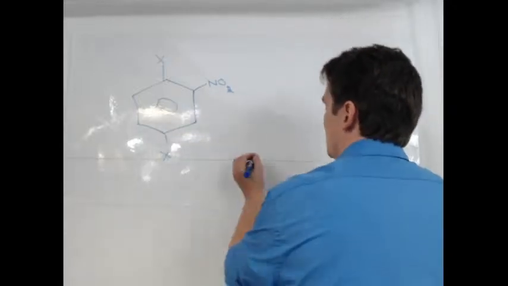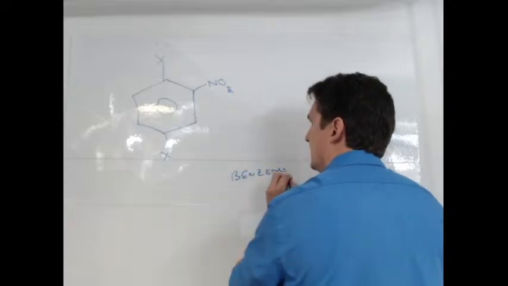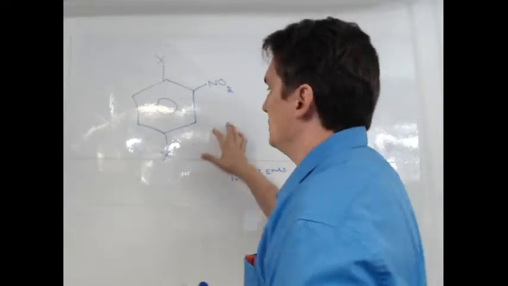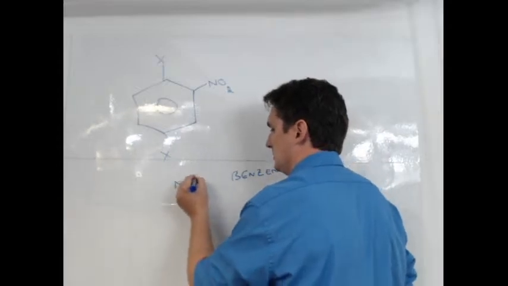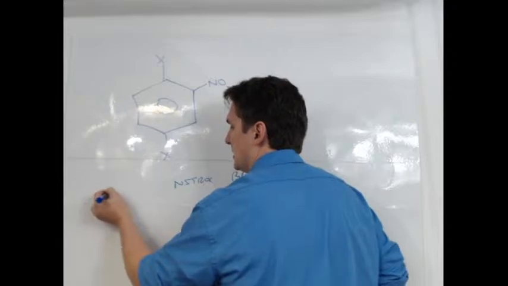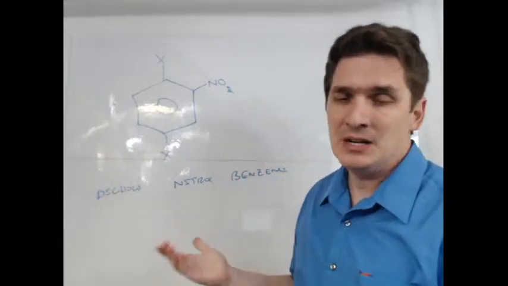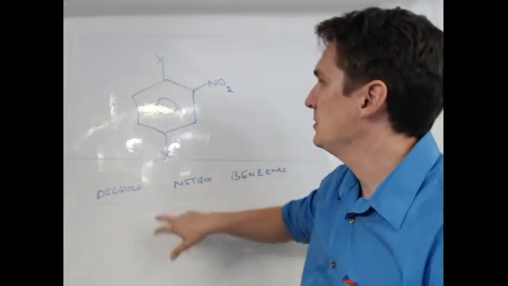We start with the parent chain, in this case benzene, and we name the groups. So we've got the nitro, and let's say, for the sake of argument, these are chlorine, so you have dichloro. Now we want to minimize the number ordering.